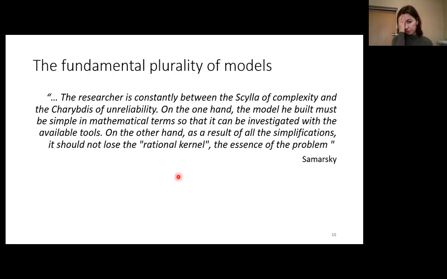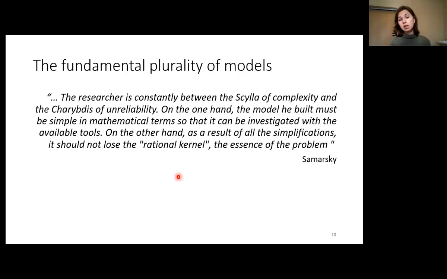And the last phrase about models, when we're trying to approximate the human into some model of the human, heart, lungs, stomach, something like this. The research is constantly between the scale of complexity and the characteristics of unreliability. On the one hand, the model being built must be simple in mathematical terms so that it can be investigated with the available tools.